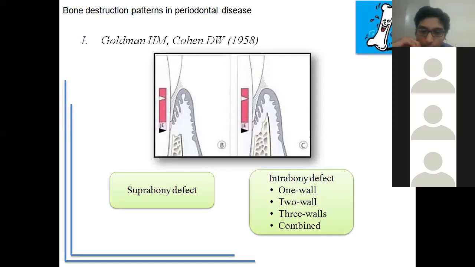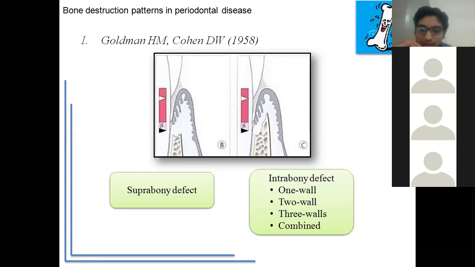So prognosis is better in which type of bone defects? Prognosis is better in 3-wall intrabony defects, not 1 wall. Where 3 walls are remaining, right?